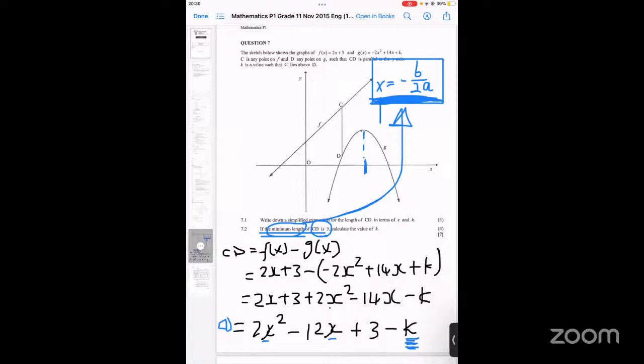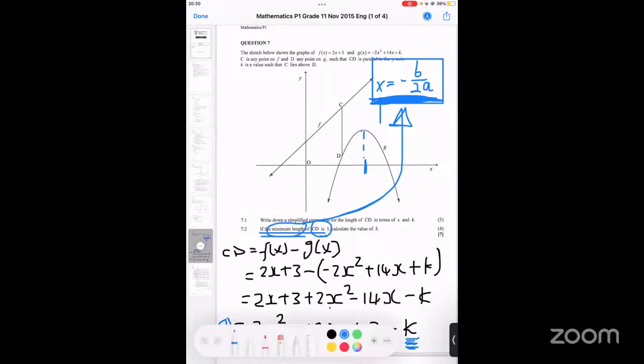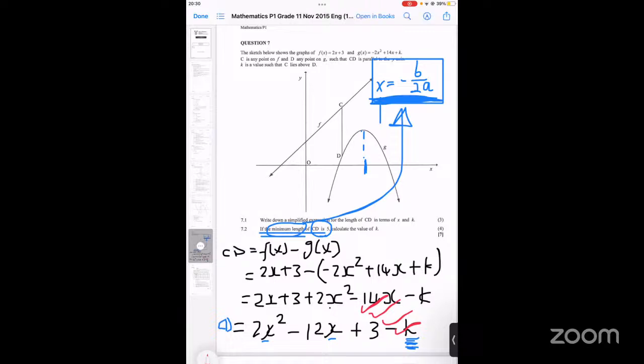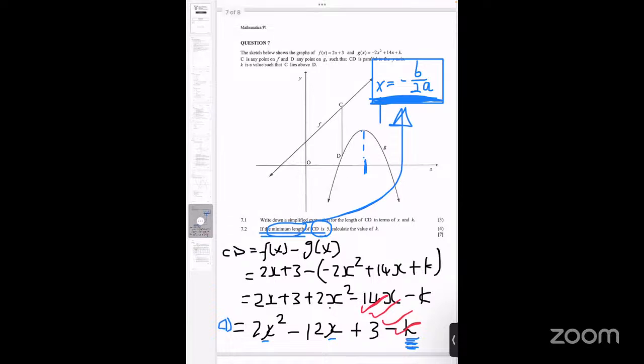Who else was that? Was it Tati? It was Rebecca, sir. Oh yes, Rebecca. That's how you score yourself an extra 4 marks in addition to that 3 marks.